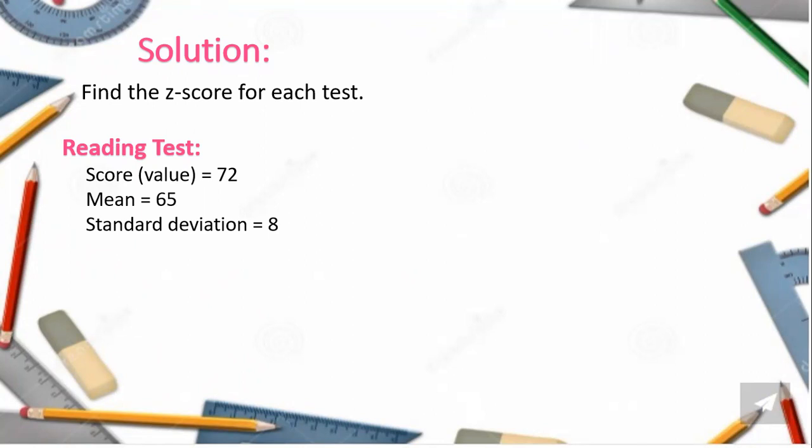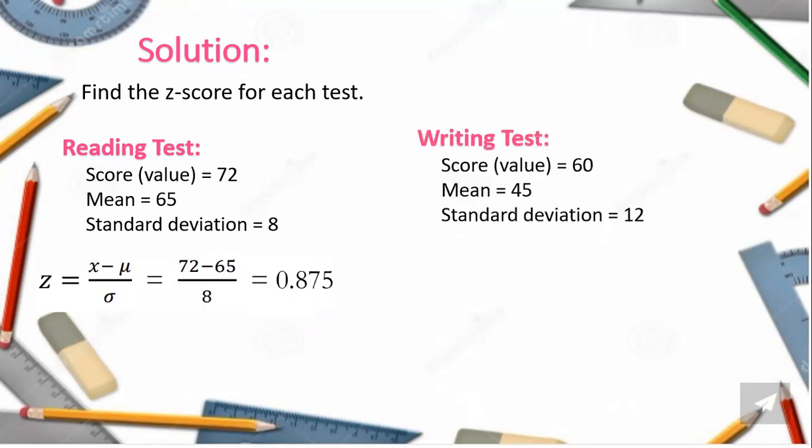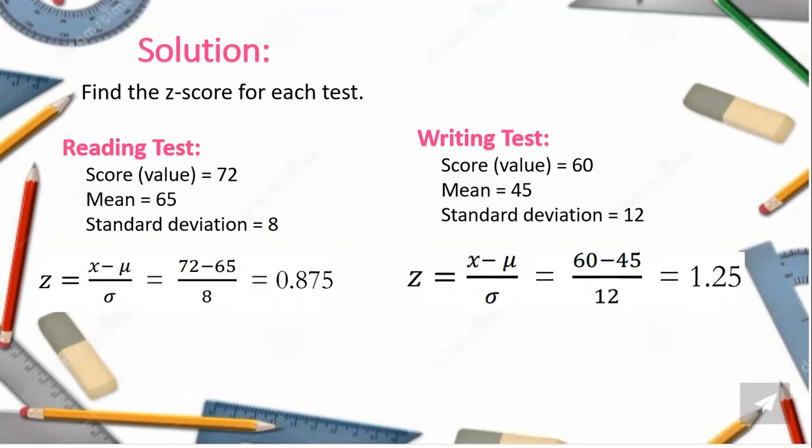Solving for the Z-score, we have a Z-score of 0.875. While for the writing test, Aliyah got a score of 60. It has a mean score of 45 and a standard deviation of 12. Therefore, the Z-score is equal to 1.25.